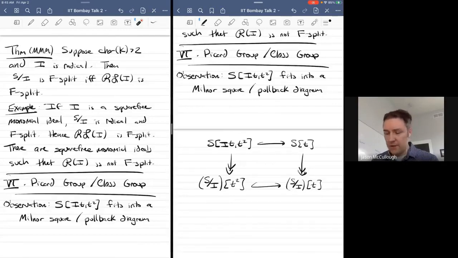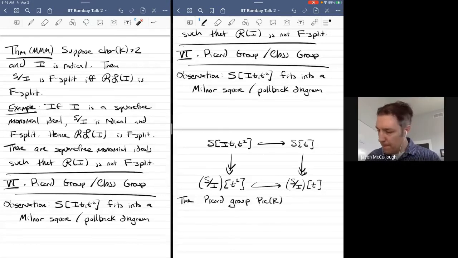And once you do that, you get an easy way of calculating Picard groups. So the Picard group, Pic of R, is the group of invertible fractional ideals modulo the principal ones.